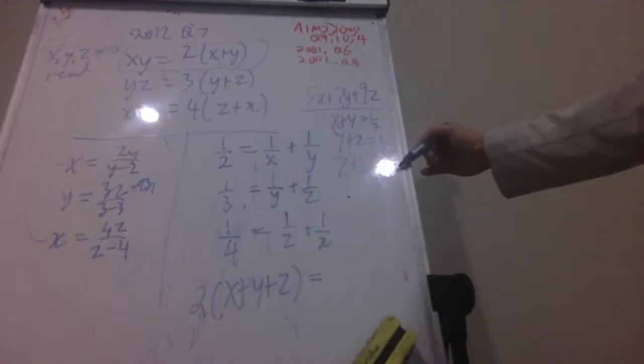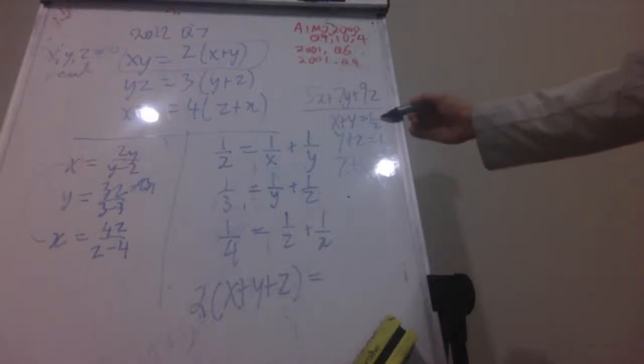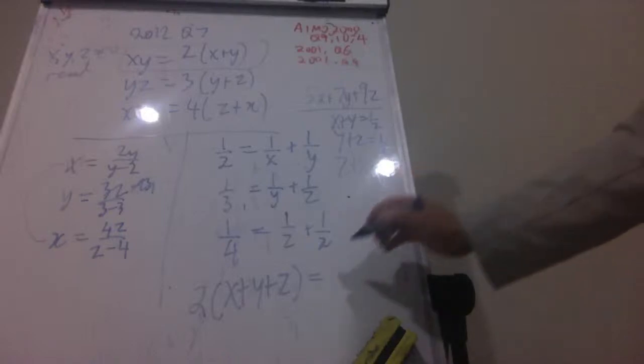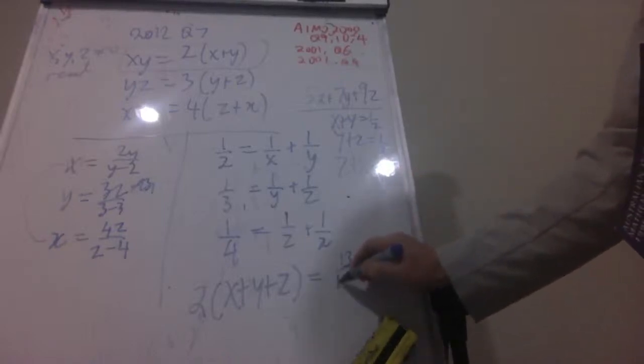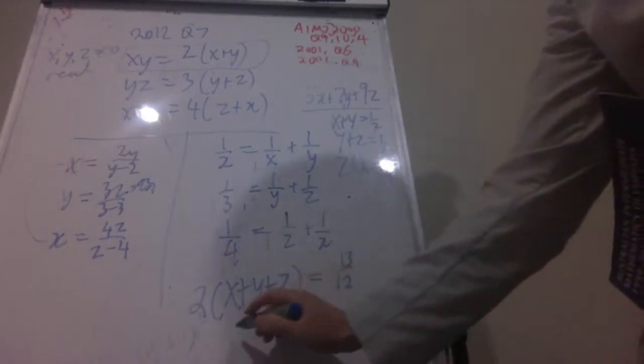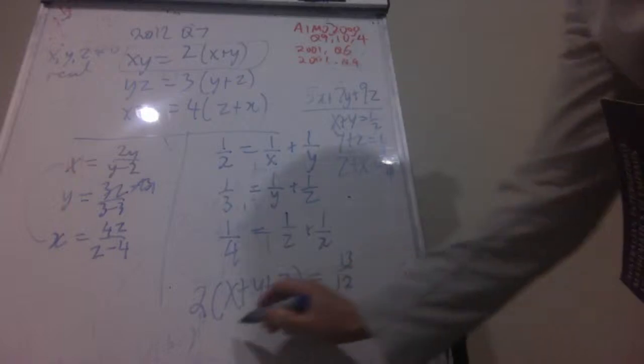So you can put these all over 12. So it's 6 plus 4 plus 3. That's 13 over 12, no? Right. Yeah. And so this is 13 over 24.